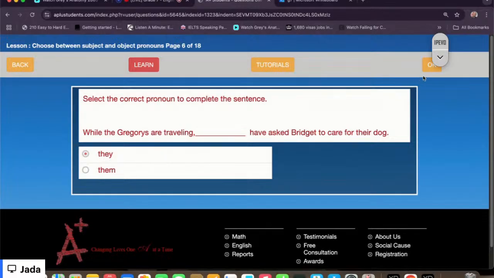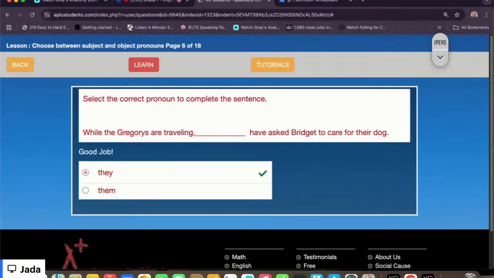So they have asked Bridget to care for their dog.